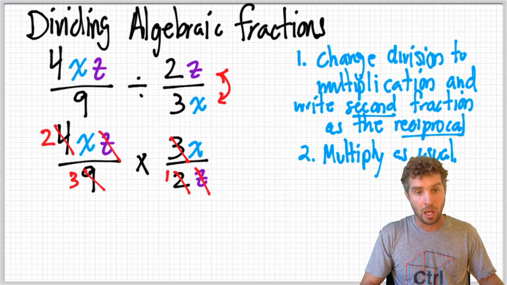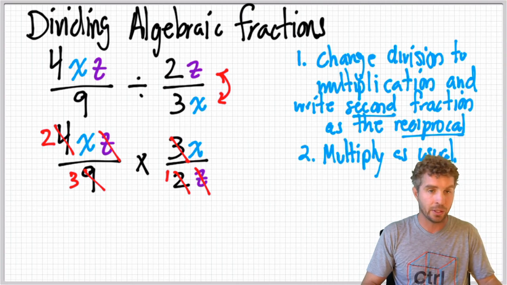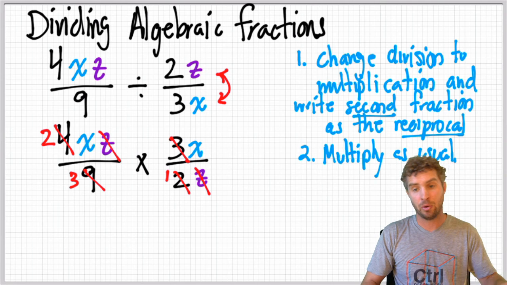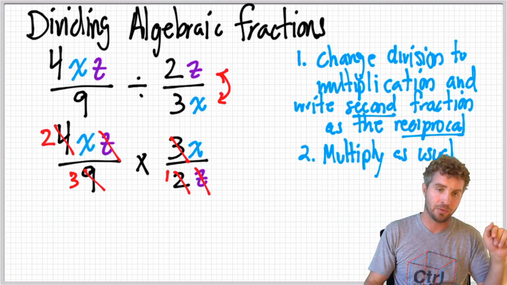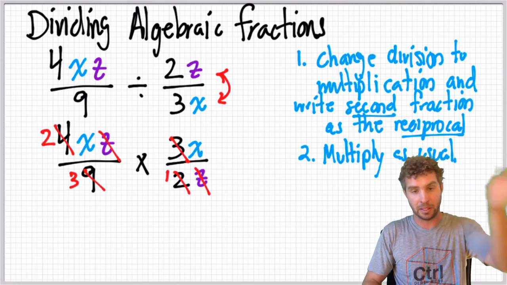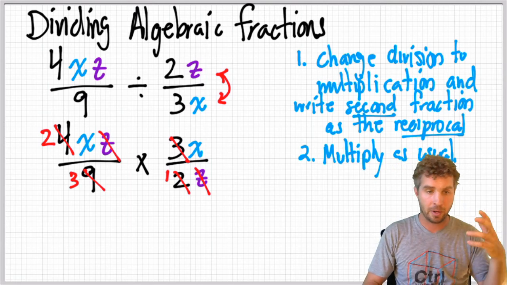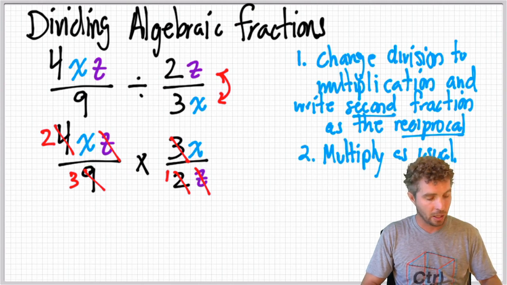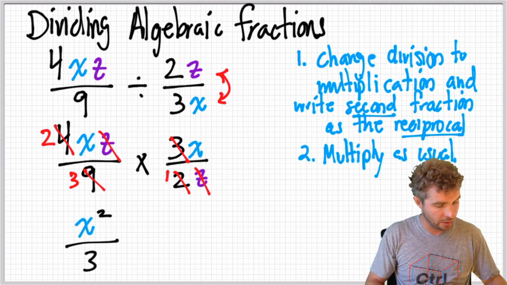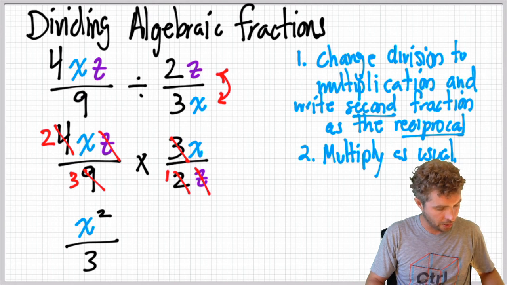Is there anything else? No, the two x's, both my nice blue x's, are both on the top. We can only cancel from top to bottom. So if two things are on the top, they have to both stay. We're going to multiply top times top and bottom times bottom. So up here we have 2 times x, and x times x is x squared, and of course I need my 2.